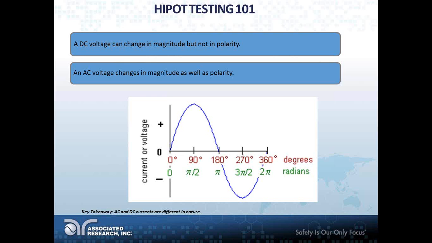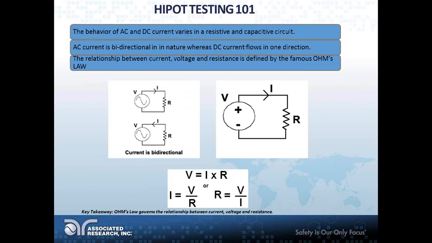So we know that AC and DC currents are different in nature. The behavior of AC and DC current varies in a resistive and a capacitive circuit. First of all, as we just covered earlier today, when we're performing a Hipot test, we're essentially creating a big capacitor.